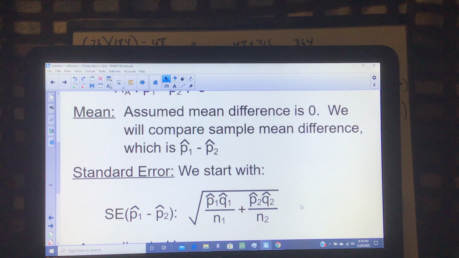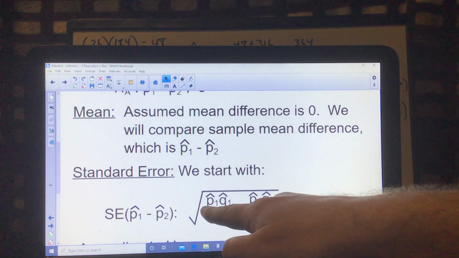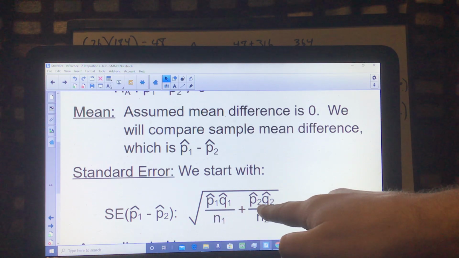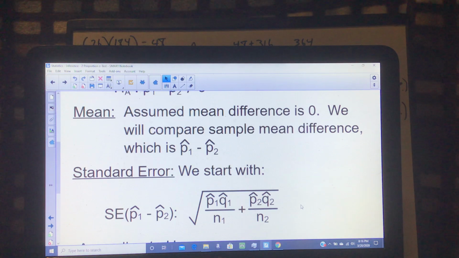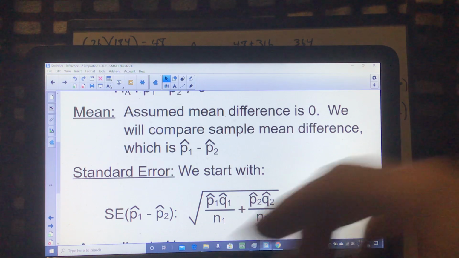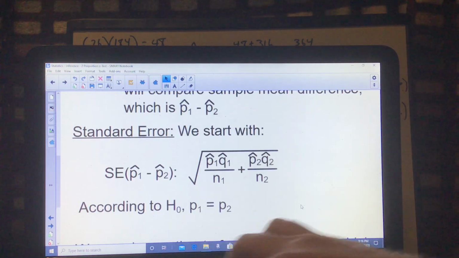This is the standard error formula for two proportions. There's one problem with this in that when you do the confidence interval, you use proportion 1 and proportion 2, and they're different proportions because they're your hat values.